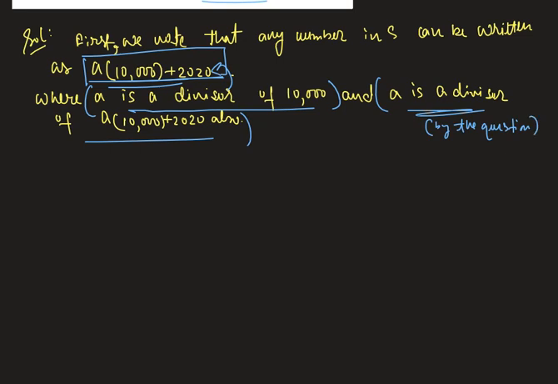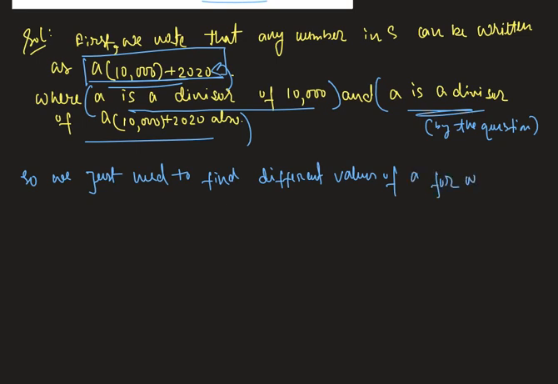Okay, so we just need to find different values of A for which A can be a divisor of 2020.